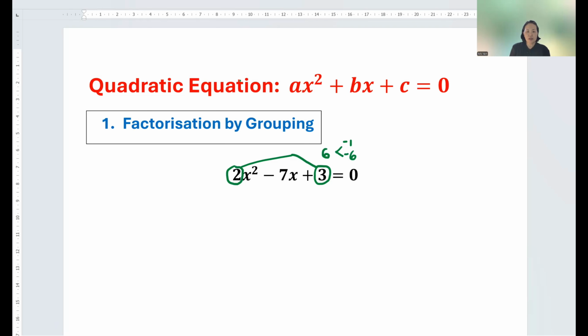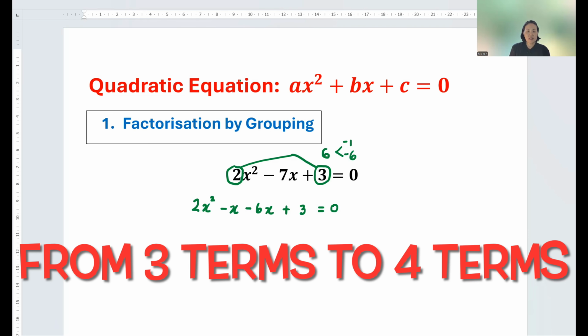So I'm going to rewrite this quadratic equation: 2x squared, instead of minus 7x, I'm going to write minus x minus 6x plus 3 equals 0. What I've just done is split minus 7x into minus x minus 6x.